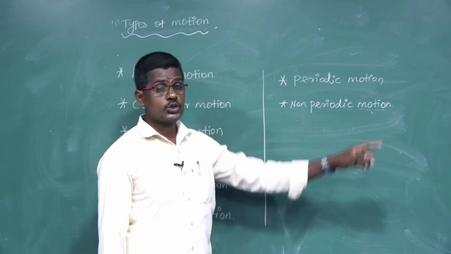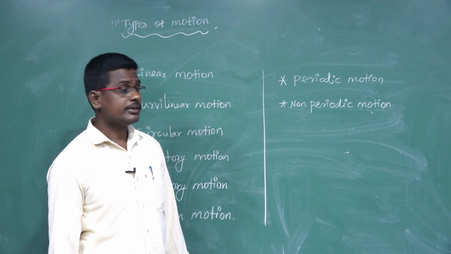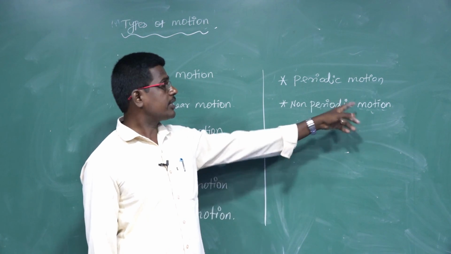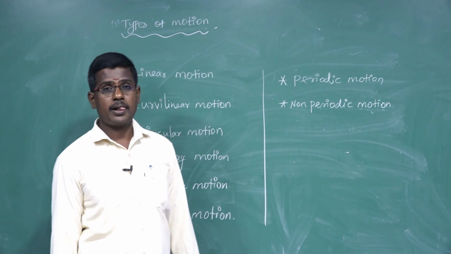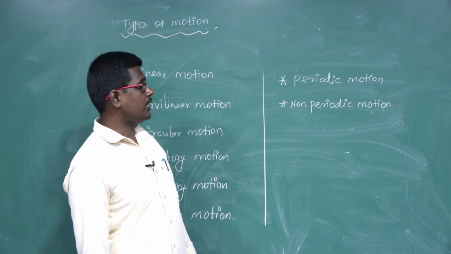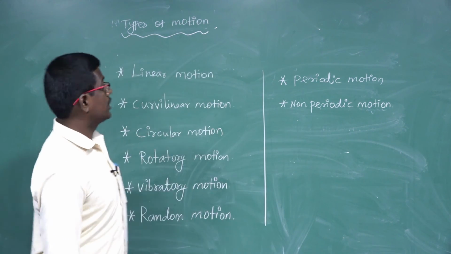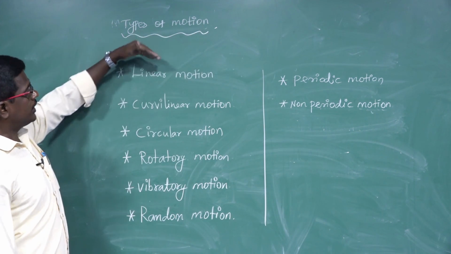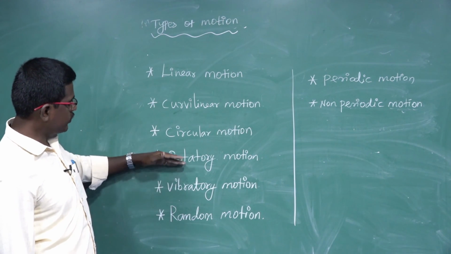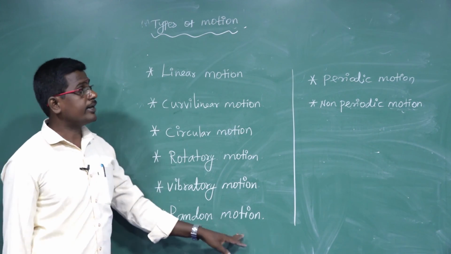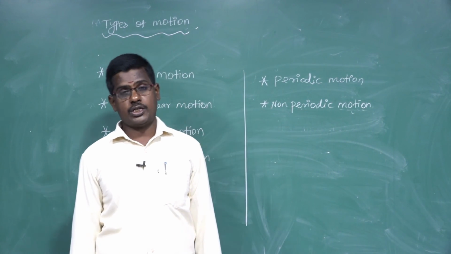Next, non-periodic motion: when the motion does not repeat at equal intervals of time, it is called non-periodic motion. Examples: earthquake, tsunami, etc. So types of motion: linear, curvilinear, circular, rotatory, vibratory, random, periodic and non-periodic motion.